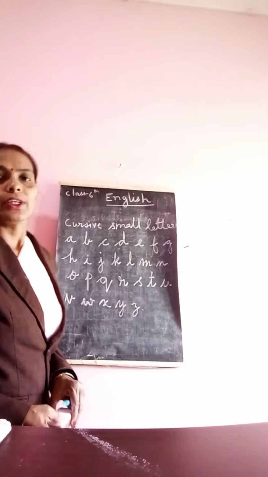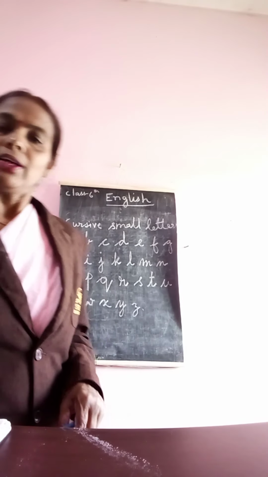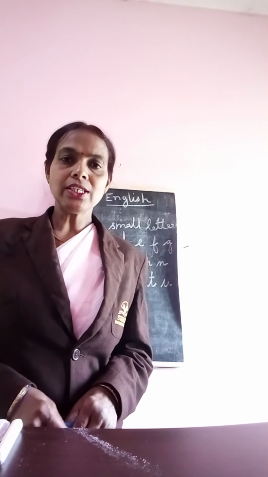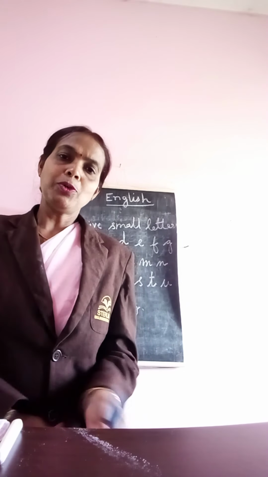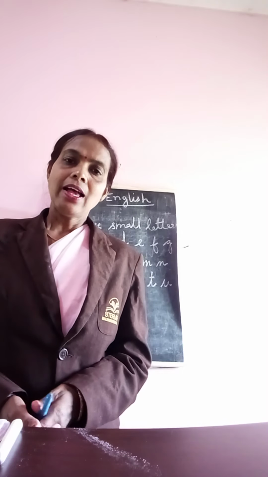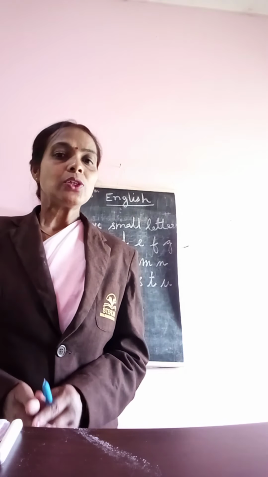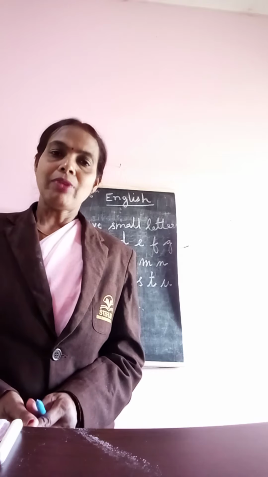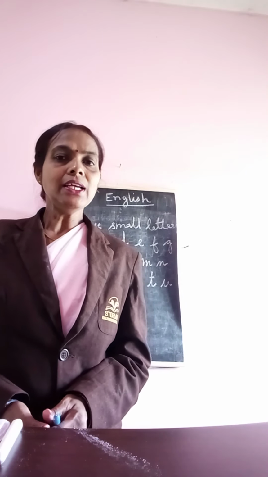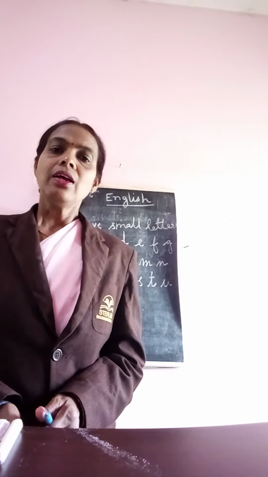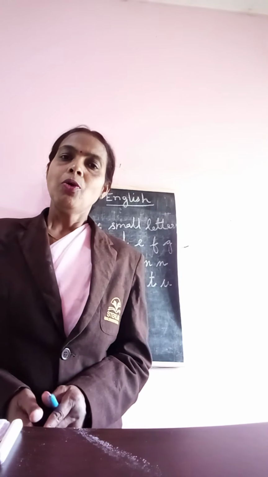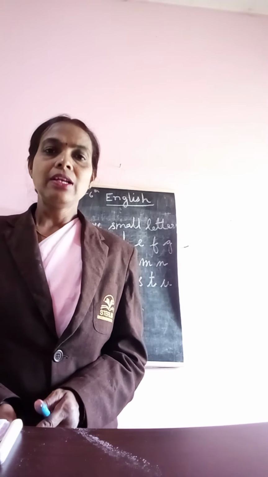So children, today what have we learned? We have learned about the English language. It is a means of communication, and it is composed of signs and symbols, which we call letters. In the English alphabet there are 26 letters, known as printed capital letters and printed small letters. The alphabet is divided into vowels and consonants.